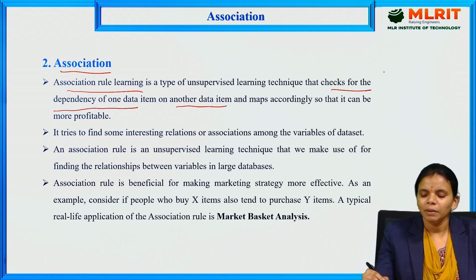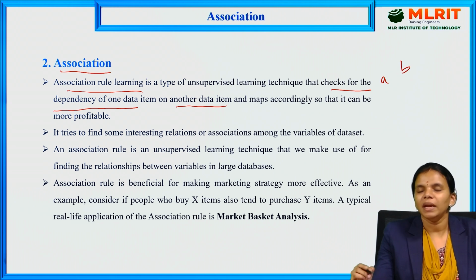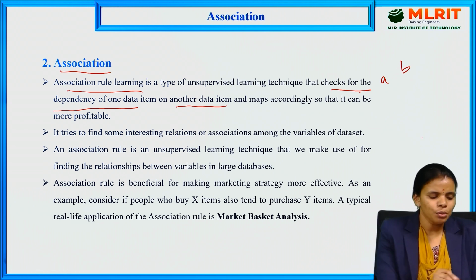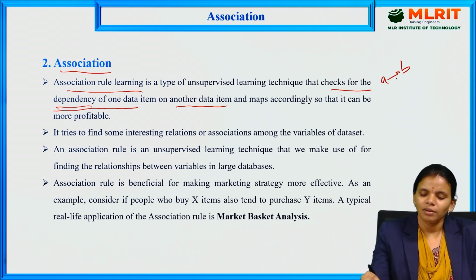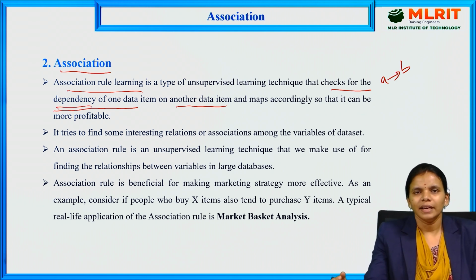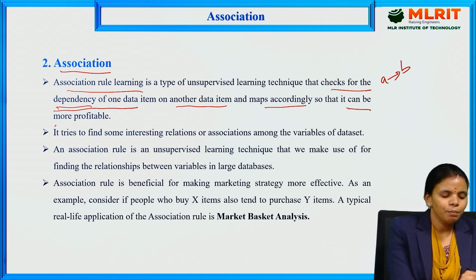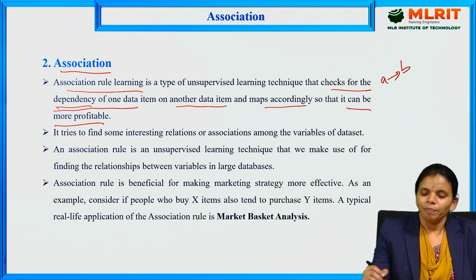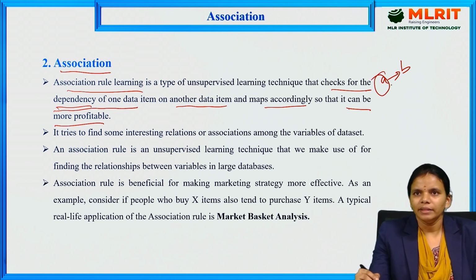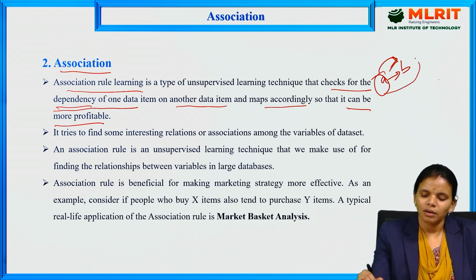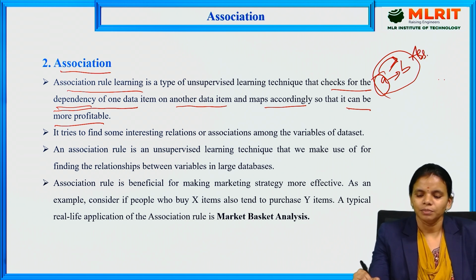For example, if we have A and B data points in the data set, here association rule learning is to find out the dependency of one data item on the other data item which is present in the data set and maps those data points accordingly so that it can be more profitable. So if we are having A data point in the data set, then how A is depending on the data point B. So this is what analysis of association.